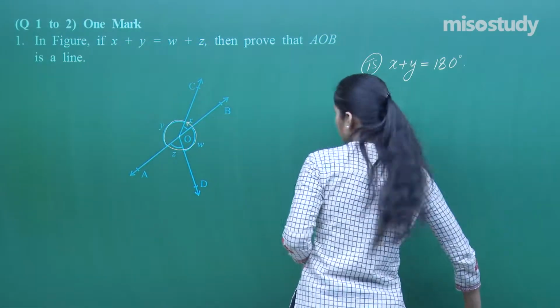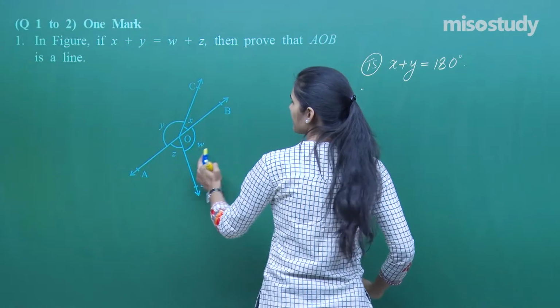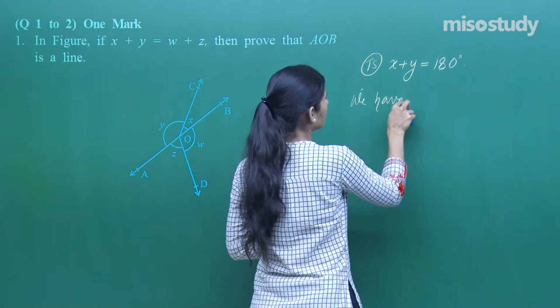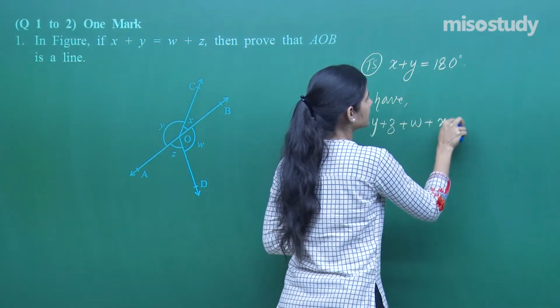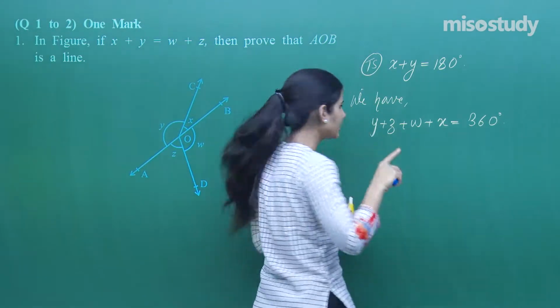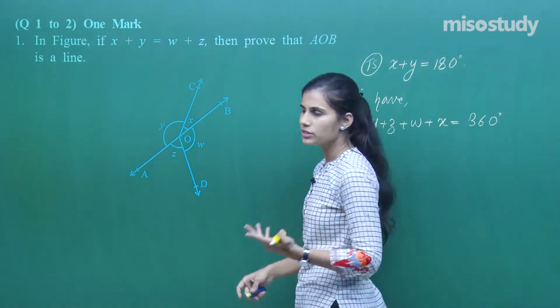So I will have y plus z plus w plus x is 360, angle at a point is 360, and that complete angle is being divided into four angles x, y, z, w, so x plus y plus z plus w is 360.